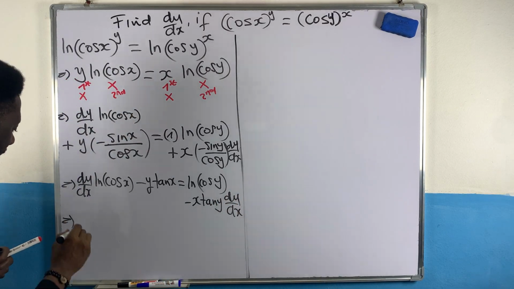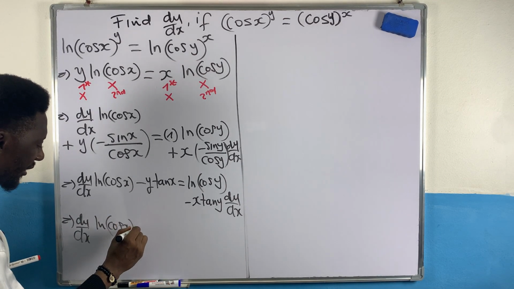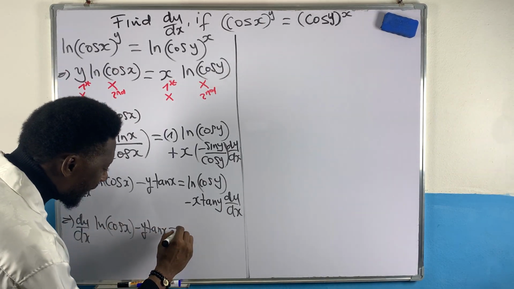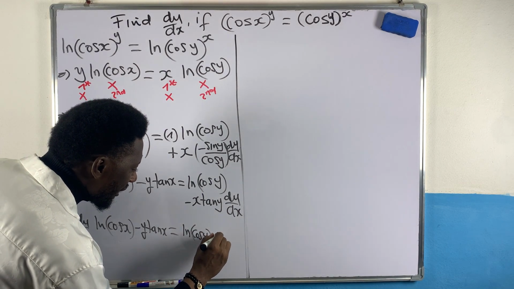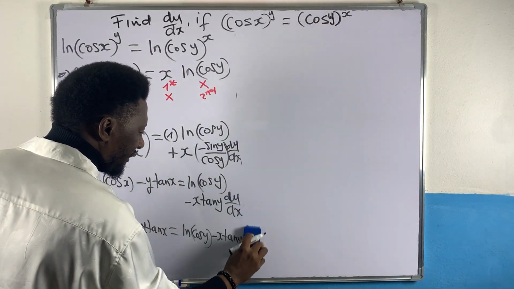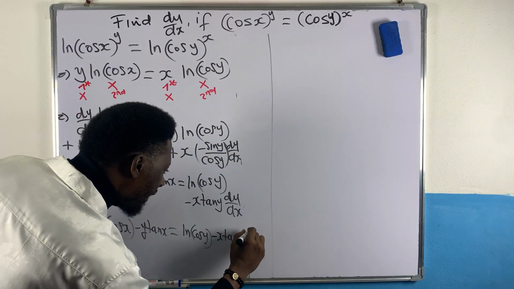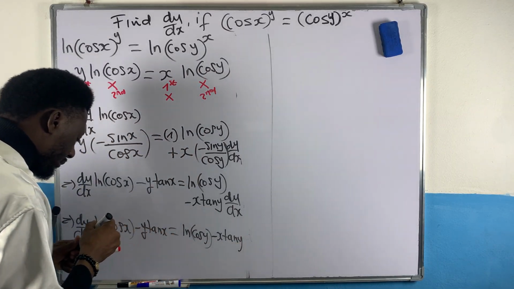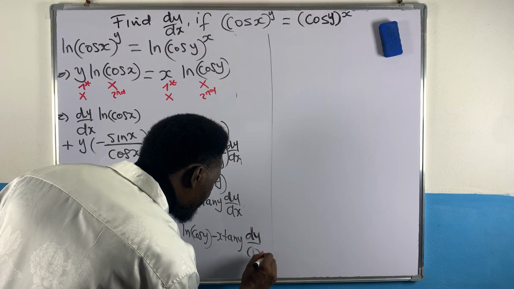So this implies dy/dx ln cos x minus y tan x equals, rewriting it so that it can be clearer, ln cos y minus x tan y dy/dx.